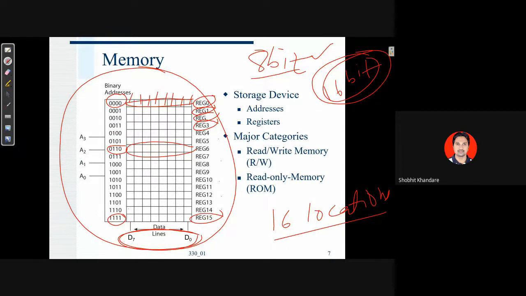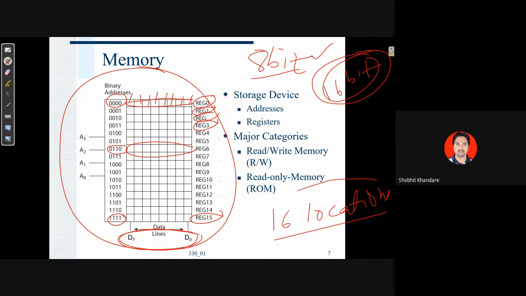Now my question is: to identify these addresses, how many address bits do you require? Or tell me this, I have 16 locations.